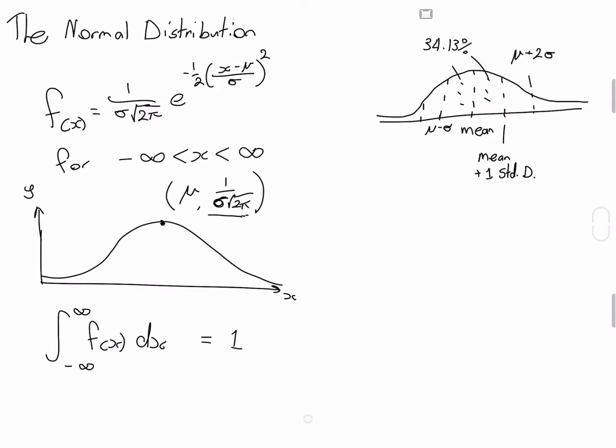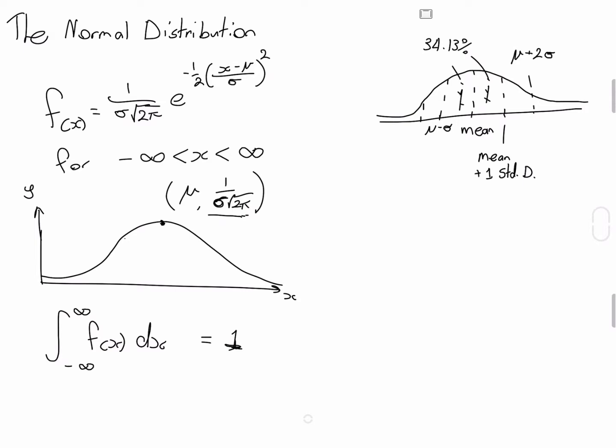This is where that 34.13% comes from, because we can actually look at from one standard deviation to the mean, and up to one standard deviation either side of the mean, and we'll find out what our integral, or the area underneath the curve equals, which we'll find to be the 34.13% for each of these as a decimal.